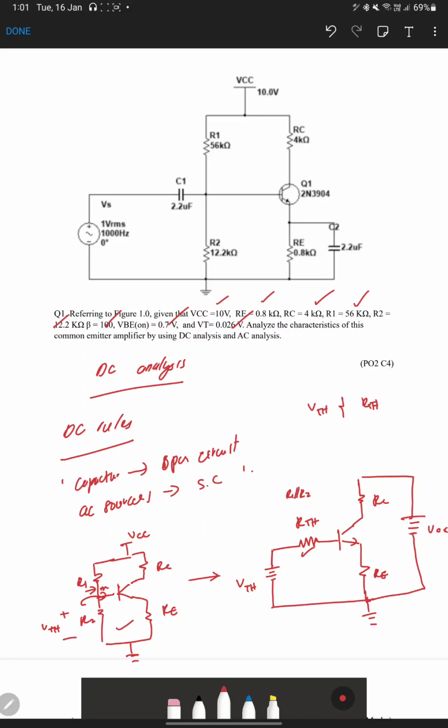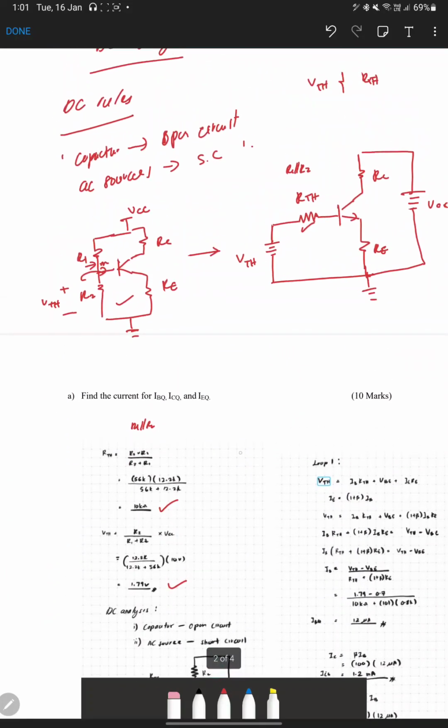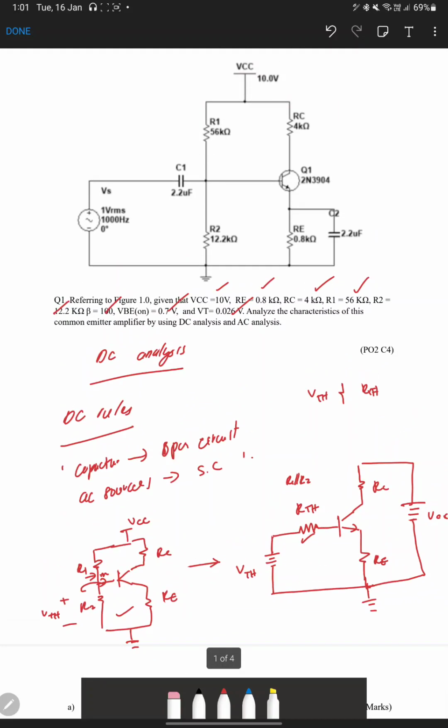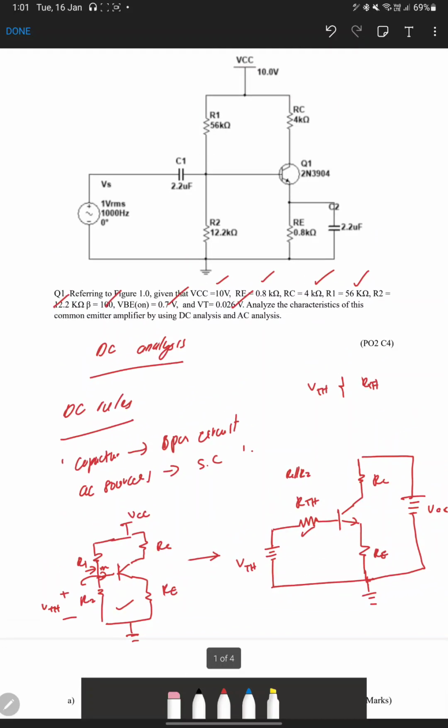For the first question, we are asked to find IB, IC, and IE. All those terms are in the DC analysis, so before that we need to implement the DC rule.